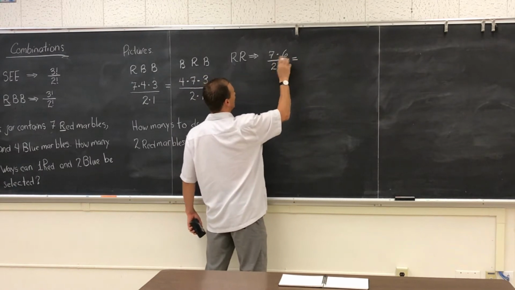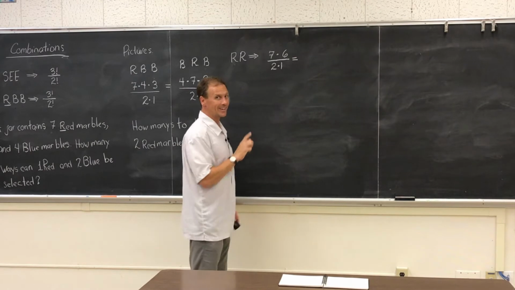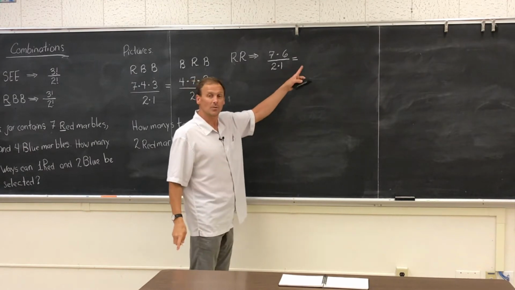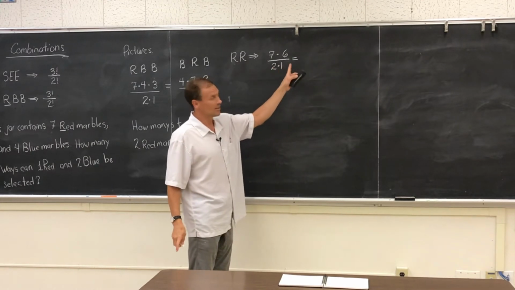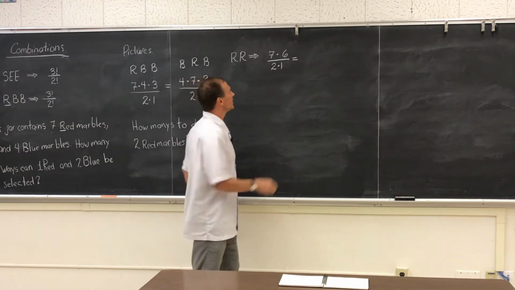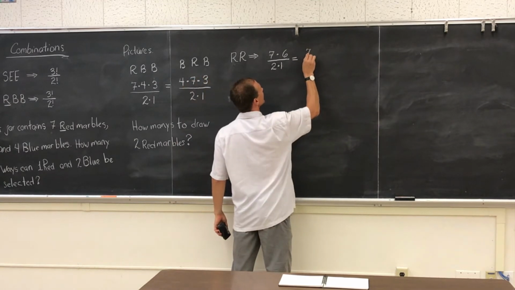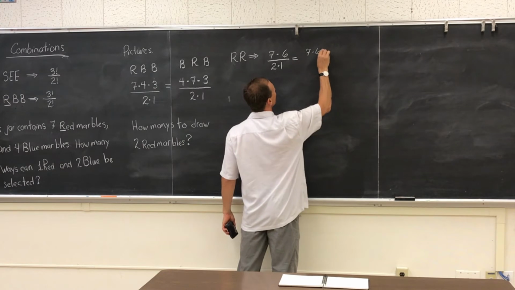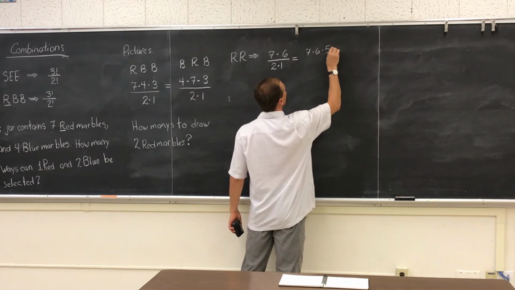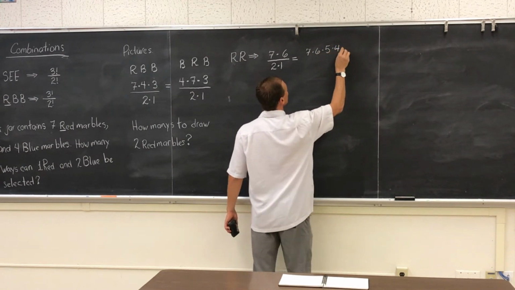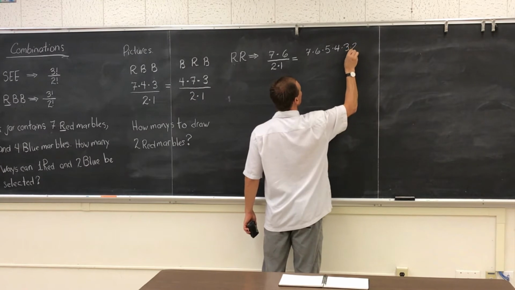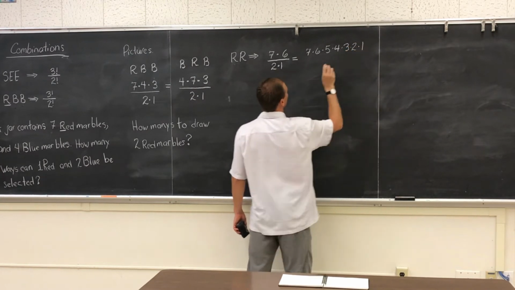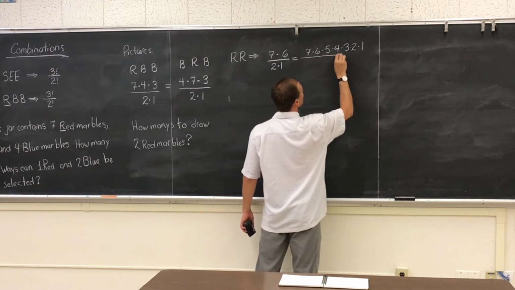Now, 7 times 6 just begs the idea of times 5, times 4, and writing a factorial would be much cleaner. So let's write this as 7 times 6 times 5 times 4 times 3 times 2 times 1. Now remember, we did this with permutations.